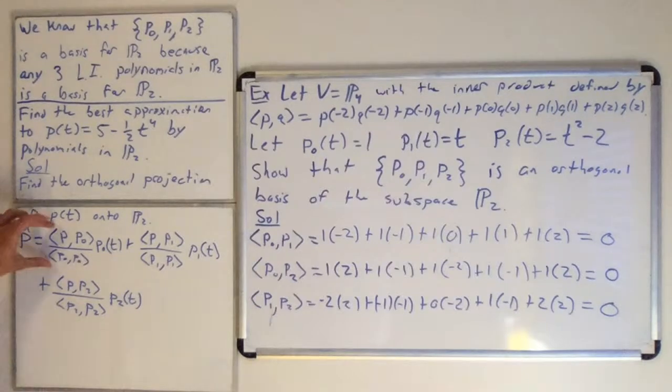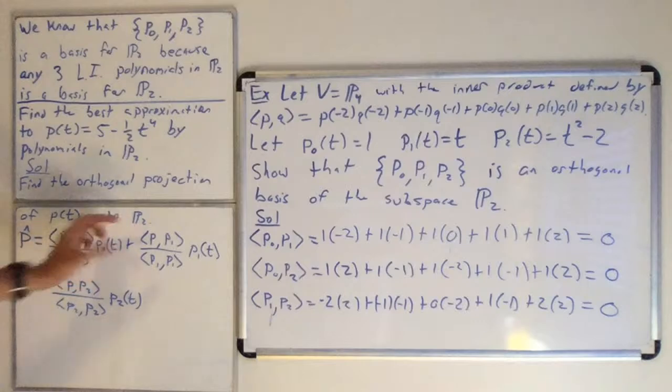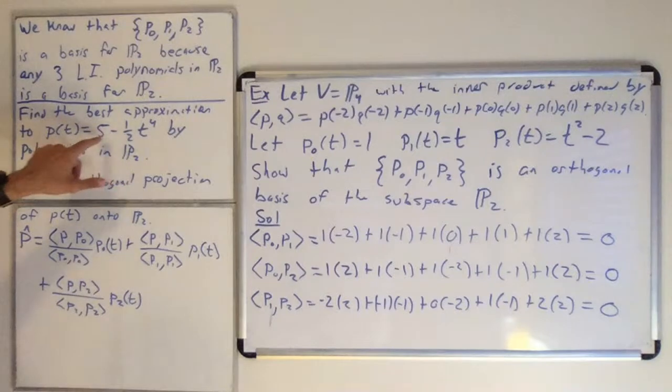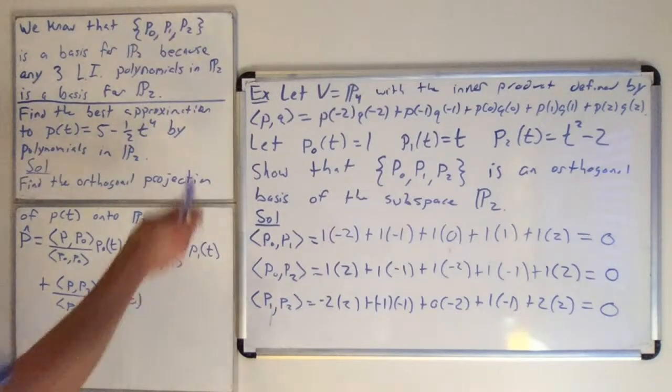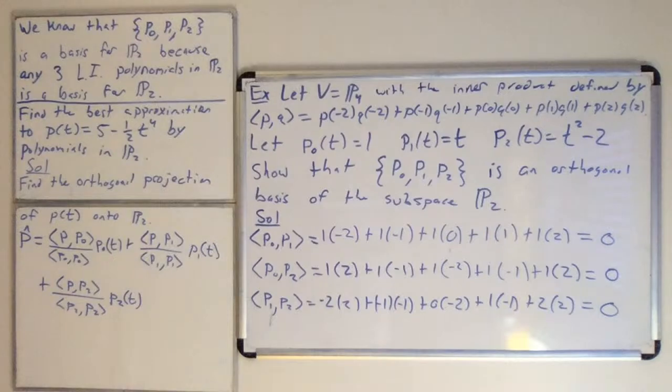Okay, and so when we work this out, this polynomial is going to end up being a degree 2 polynomial, maybe less than 2, as close as possible to this degree 4 polynomial using this inner product. Okay, so I'll give you a few minutes to try to work out these calculations, and then we could do it together.